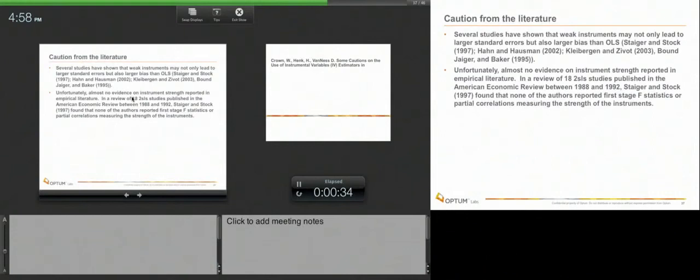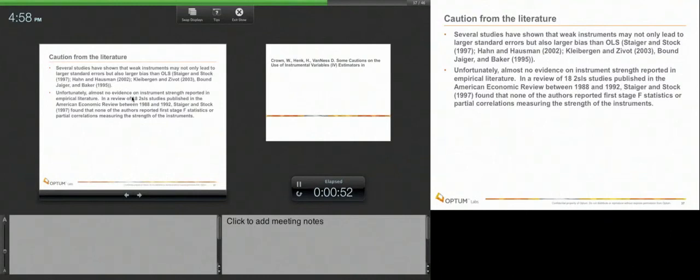There was a literature that showed that weak instruments can lead not only to large standard errors, but also to bias. There's quite a large literature in this area, mainly in labor economics.